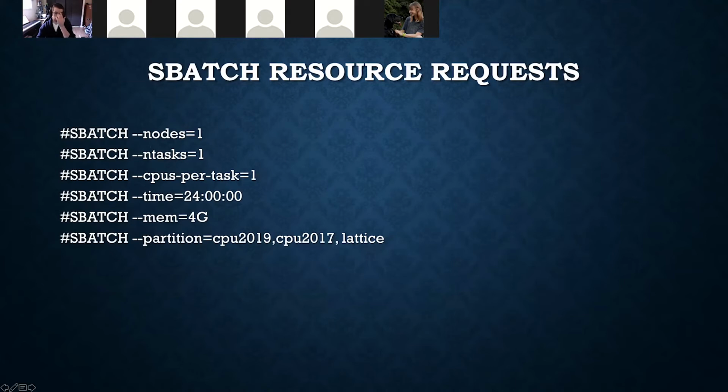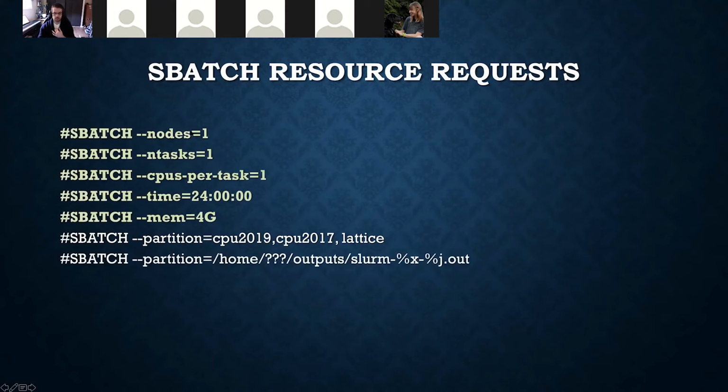You're just requesting one compute node and running one task at a time, and then requesting one CPU per task. Unless you're doing something fancy where you're actually using threading and parallel processing in a more literal sense to run commands on multiple different CPUs that are all talking to each other. Again, that's more advanced than this tutorial.